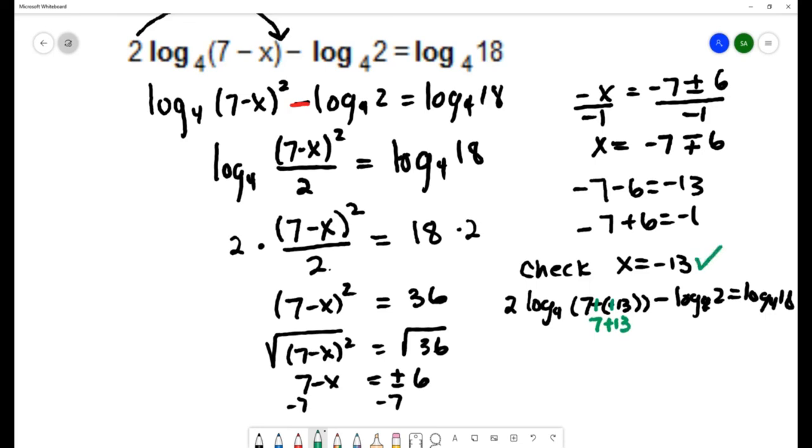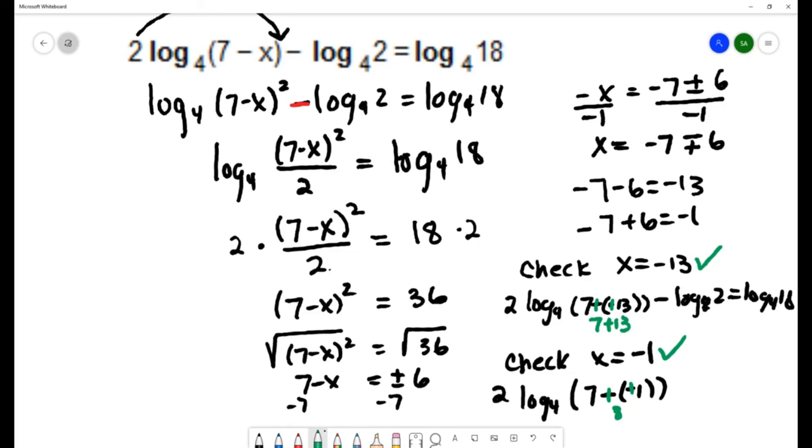And so I'm going to be able to keep that solution of negative 13. And then if I check x equals negative 1, the same thing happens. I have 2 times the log base 4 of 7 minus a negative 1. And that minus a negative 1 changes to plus, so that's a positive 8. So I'm going to be able to keep that solution of negative 1 as well.